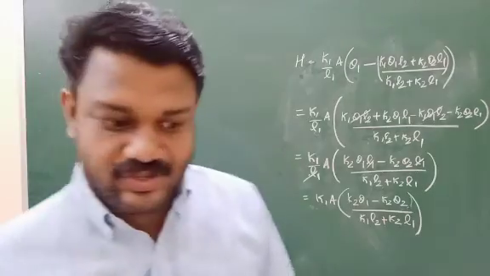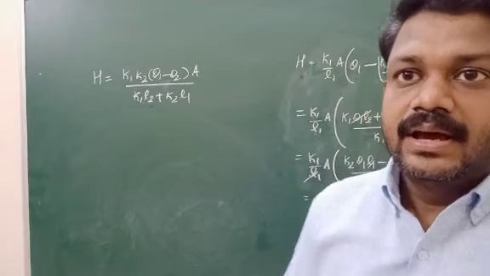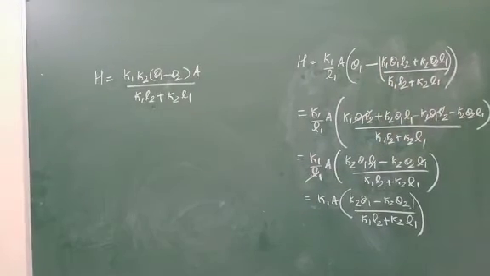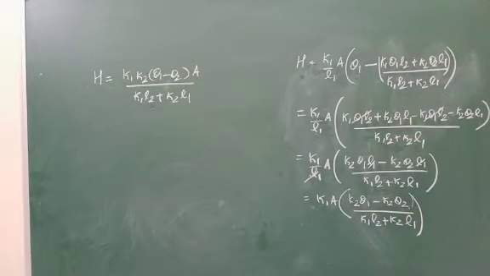That is H. So the amount of heat flowing, H, is equal to K1 K2 A into (theta 1 minus theta 2) divided by K1 L2 plus K2 L1.